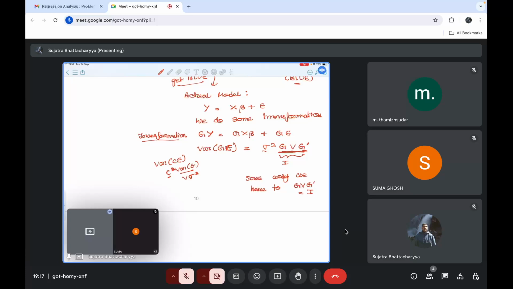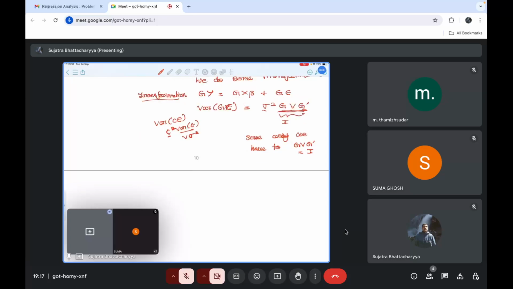If it is there, then from the transform model we can calculate beta hat, which will be a best linear unbiased estimate. That is what our requirement is.